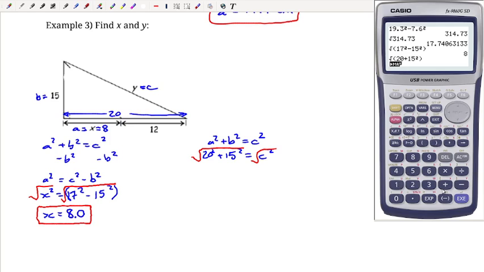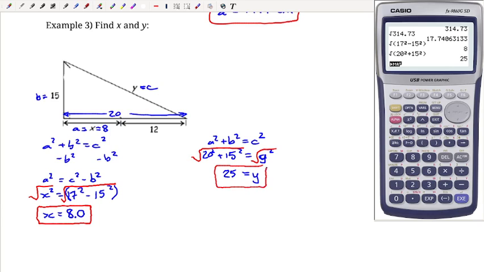At least on my calculator, that's essential, or I'm going to end up in trouble. You could try it both ways on your calculator to see if you get the same answer or not. So this gives me 25 equals c. Actually, I should have changed the c; the c should be a y. So y equals 25. 25 has 2 sig figs already, so I don't need to add a .0. I could add a .0 to give it 3, but 2 is perfectly acceptable.